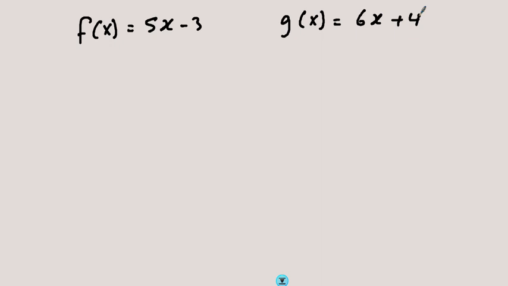What I want is f of g of 0.5, not f of g of x. Now I want you to think about that, and we'll see the best way to do that tomorrow.